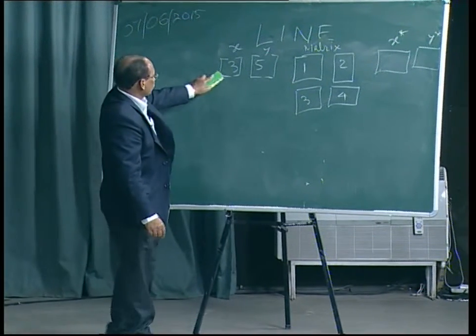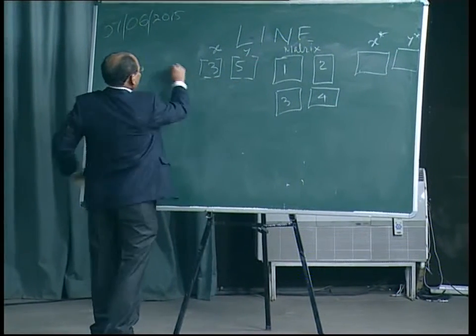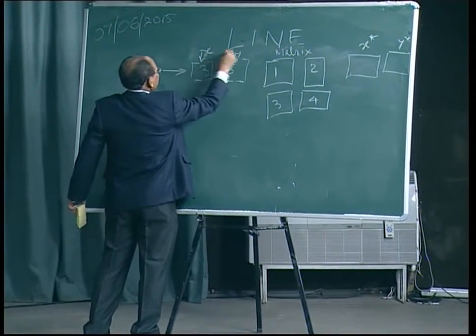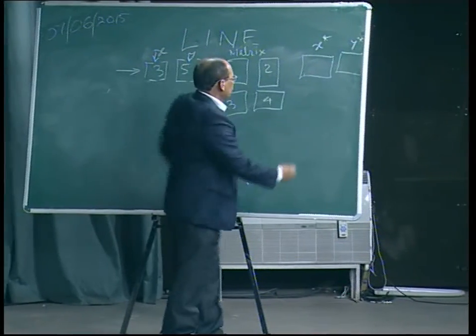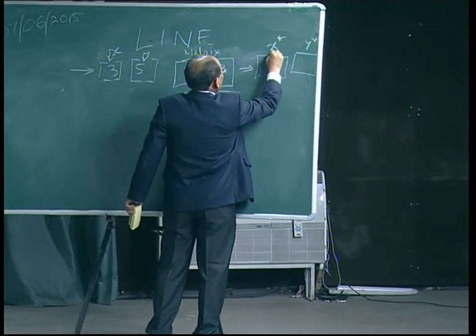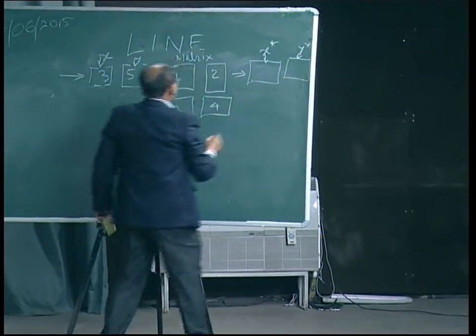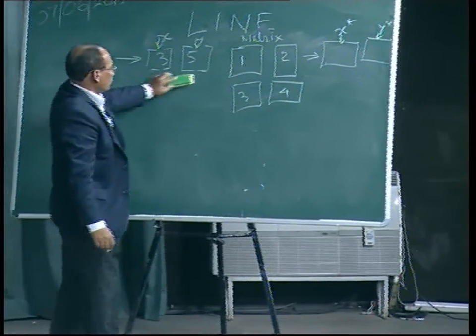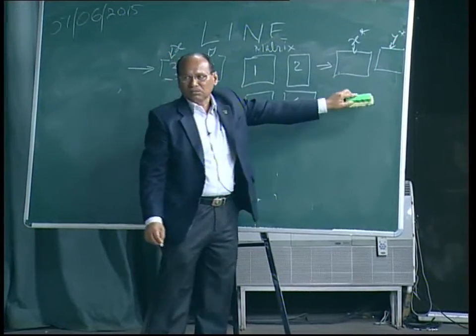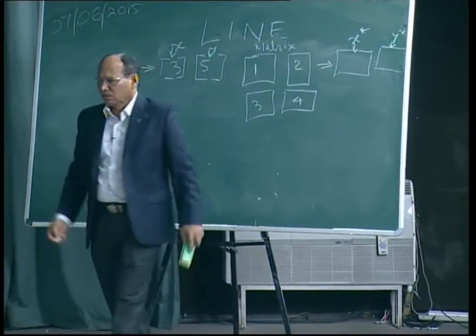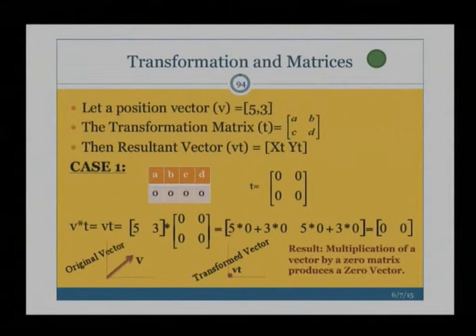Here this point was 1 row and 2 columns, so the output will also be 1 row and 2 columns. We are interested in what will be the result when these 2 numbers are multiplied by these 4 elements. So let us try it.